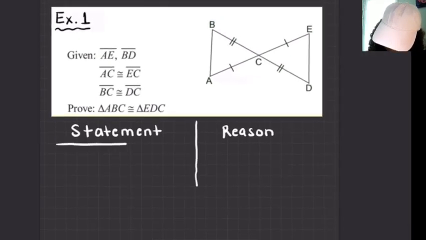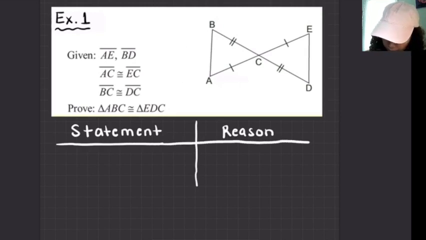Let's zoom out just a little bit, okay? So a two-column proof, the easiest thing to do is start it. And the reason why is because the start of your two-column proof will always be in the problem, okay? It's always going to be given to you, okay?